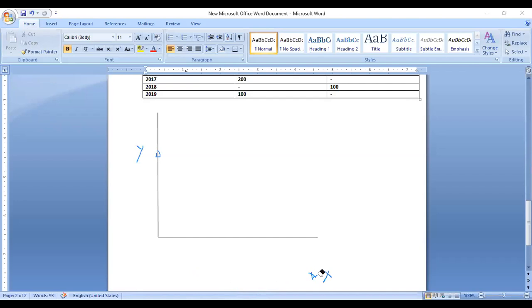So I am clearing this. This is X axis. This is Y axis.